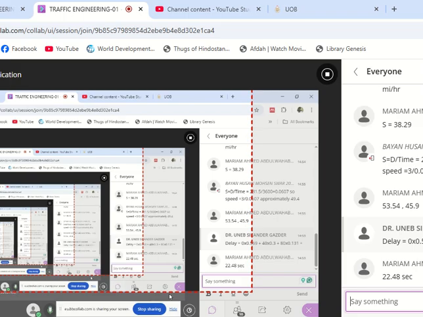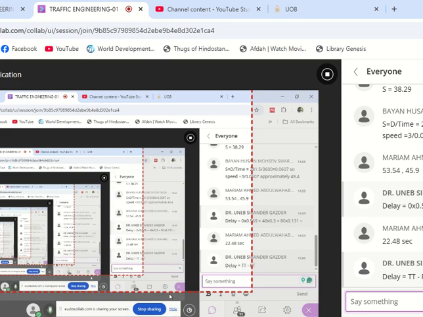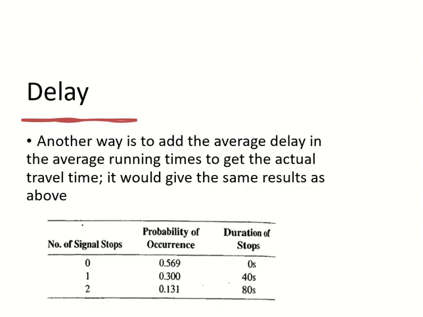Now just what I said earlier, if you have travel time and running time, then delay is travel time minus running time. So this is one way of doing it, if you have both the values, running time and travel time. The other way is you use the probability and the average value of delay for each probability.